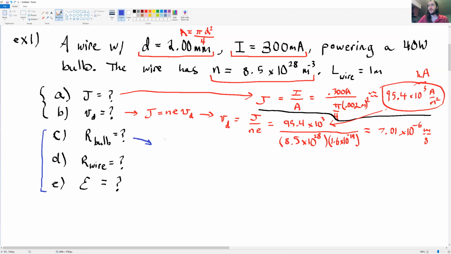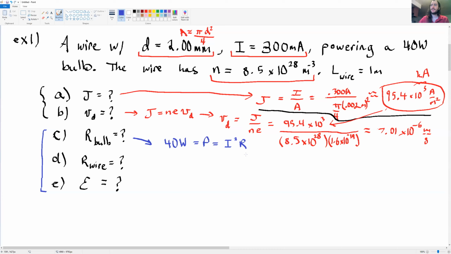Well, I know it's a 40-watt bulb. Units of watts because it's power, right? Well, 40 watts is a power. And power for a resistor, I can always write down as I squared times R, okay? So there you go. You can write down I squared times R for this bulb.